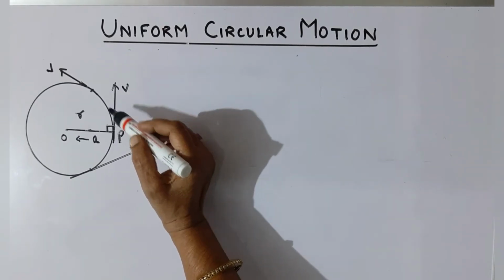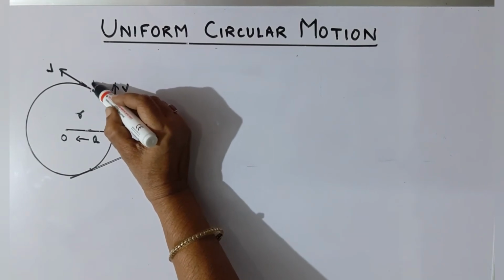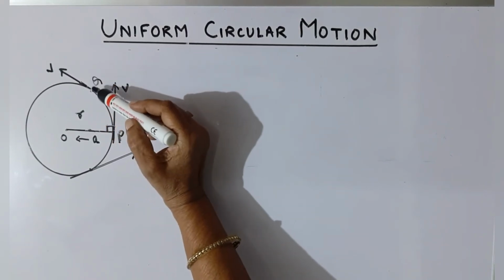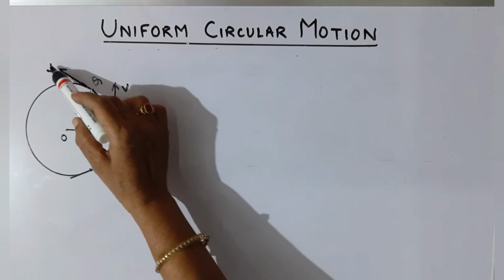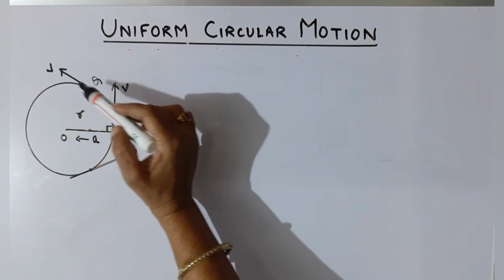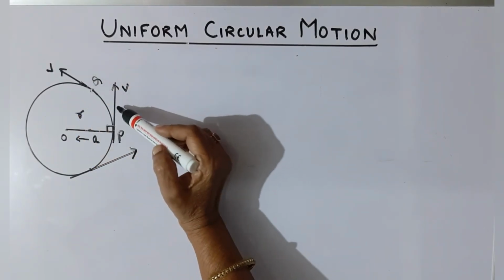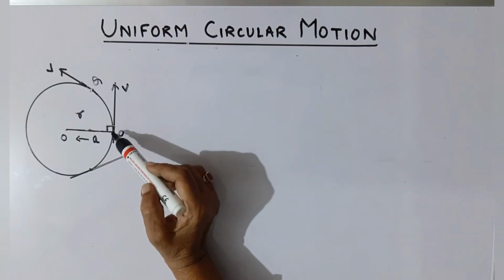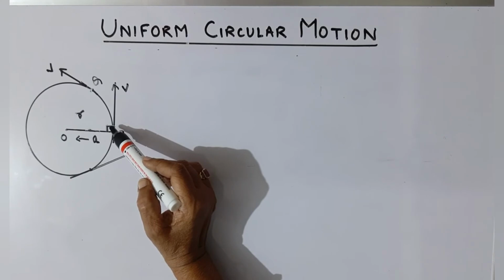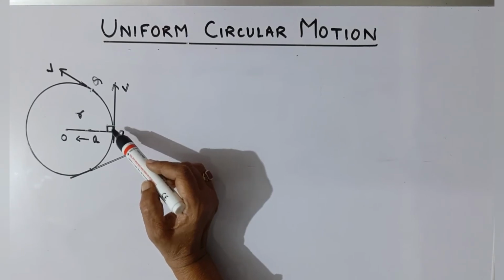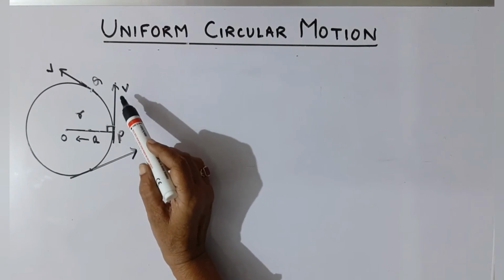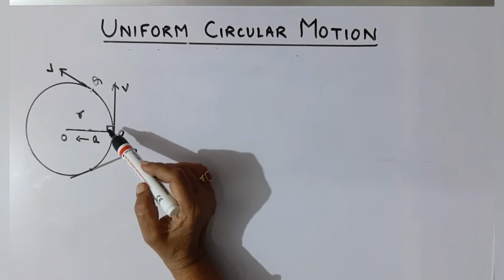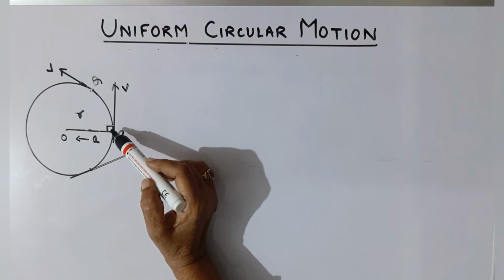Again, if the object reaches the point Q, its velocity is now directed towards the tangent, which is in a different direction from the previous one. And as we have learned, the tangent is always perpendicular to the radius drawn at that point. So the velocity is in a direction perpendicular to the radius at that point.